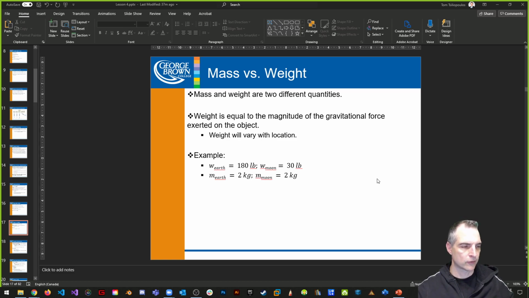Why? Because the moon has 1/6 of Earth's gravity. So my mass is moving towards the center of the moon with less acceleration. There's less force being exerted on the same amount of mass from this other environment.